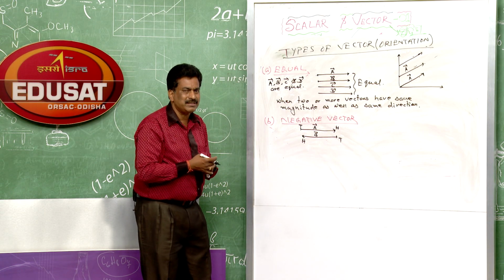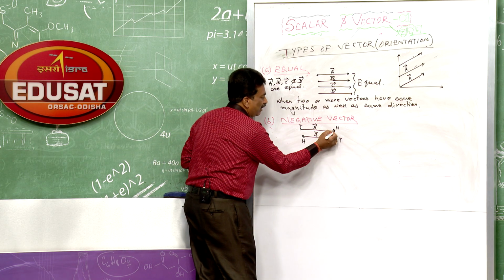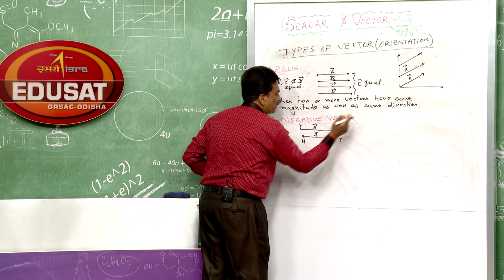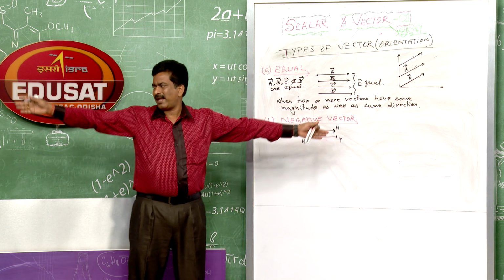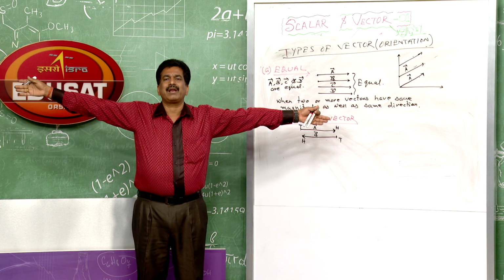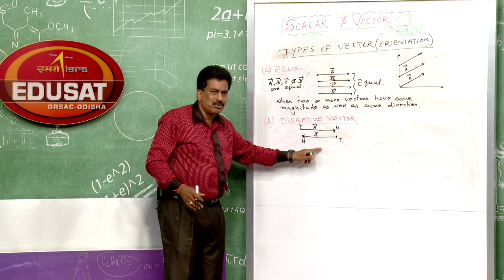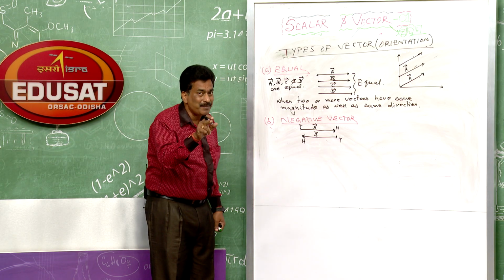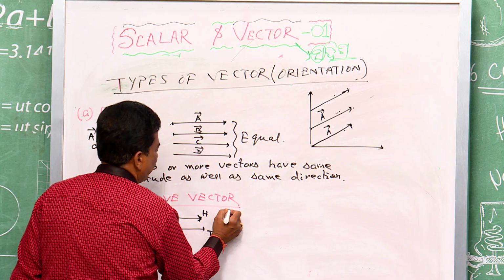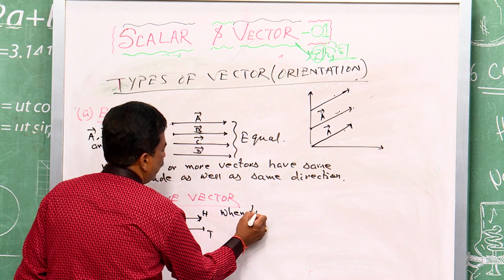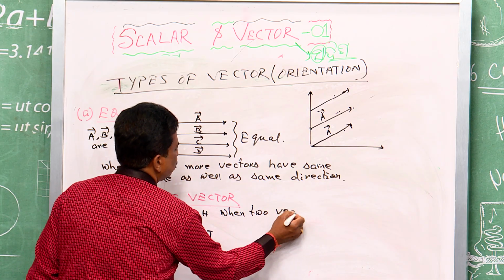Sir, how is the direction not the same? You see the arrow mark is to the right, and here the arrow mark is to the left. So right and left are opposite, which means the two vectors have the same magnitude but opposite direction.